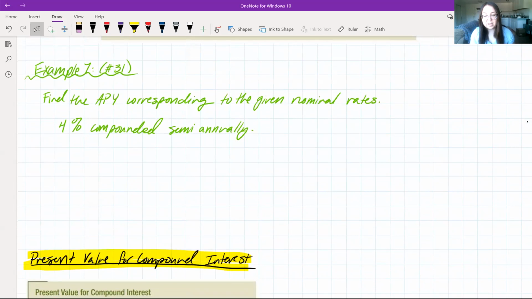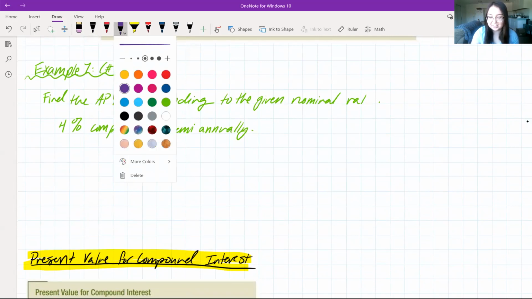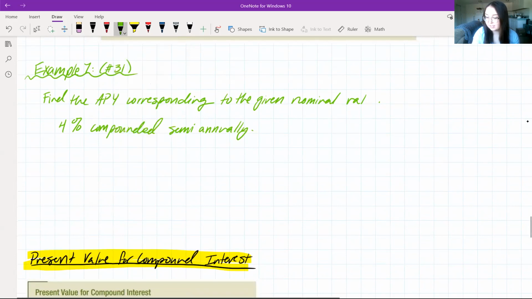So we want to find the APY corresponding to the given nominal rate. Just one single rate here, not multiple rates. All right, so we have 4% compounded semi-annually.